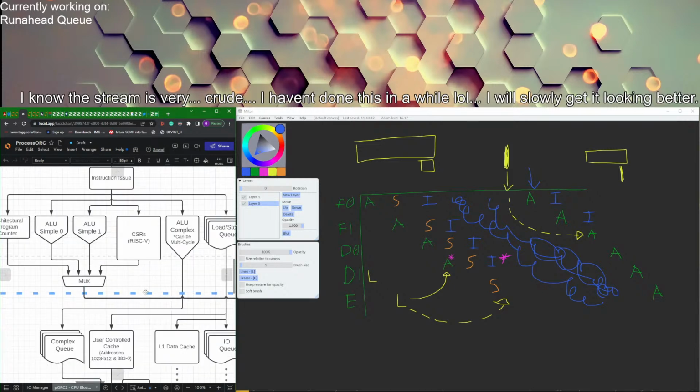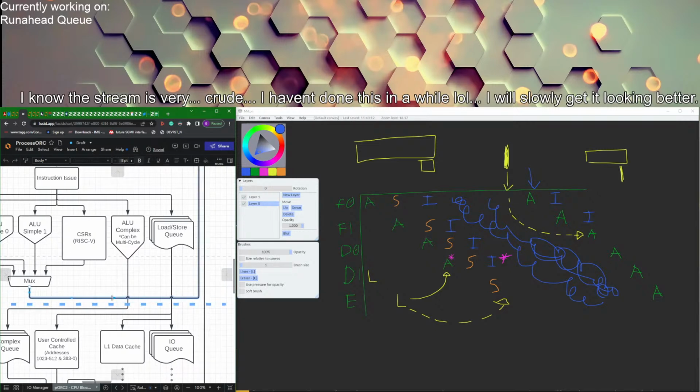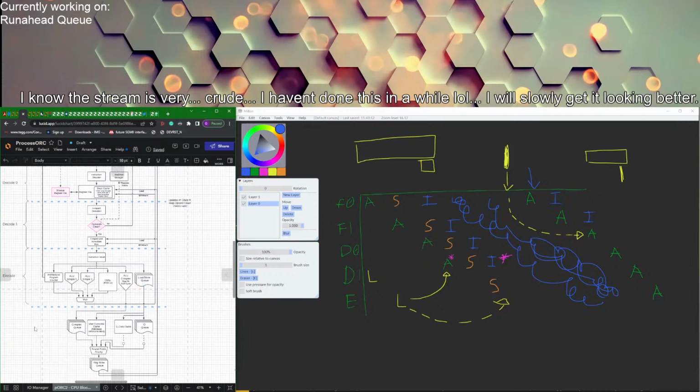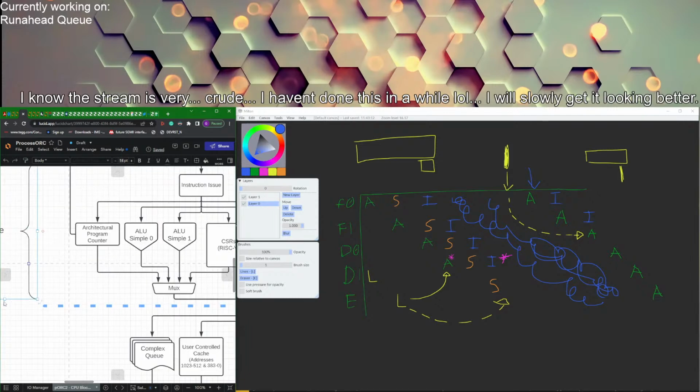Actually, whoa, hold up, wait a minute. Move this up, this up, move this up. There you go. That line does not need to accidentally look like it's going into the wrong thing.